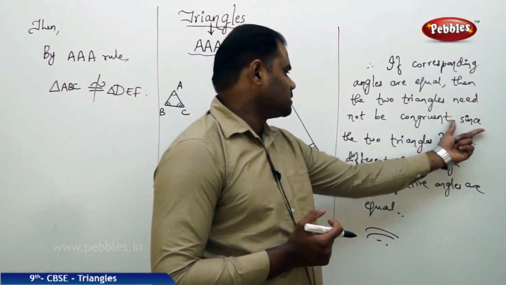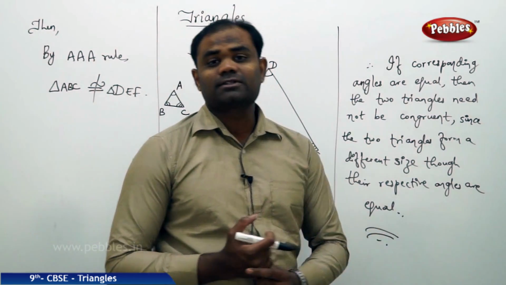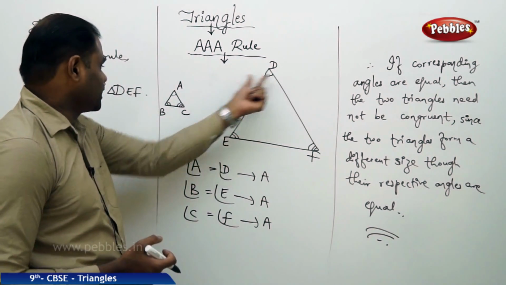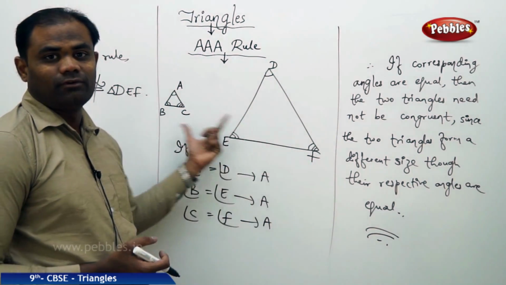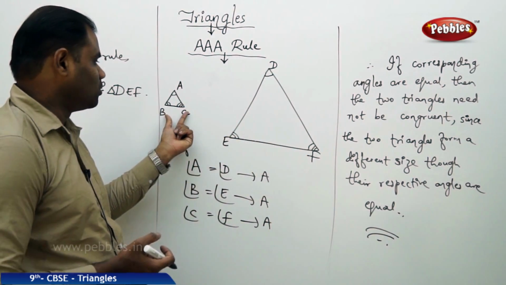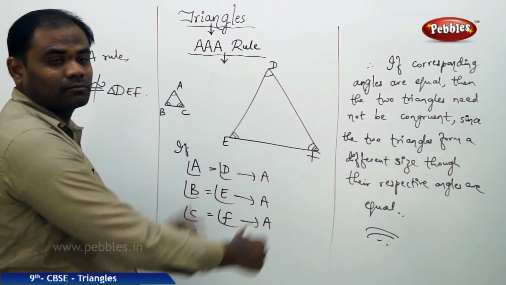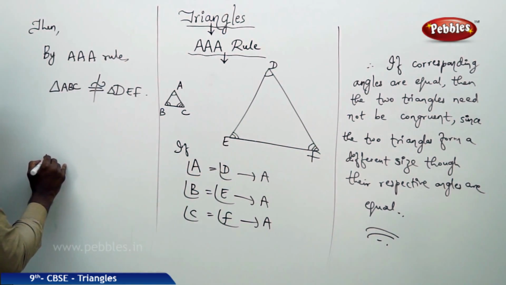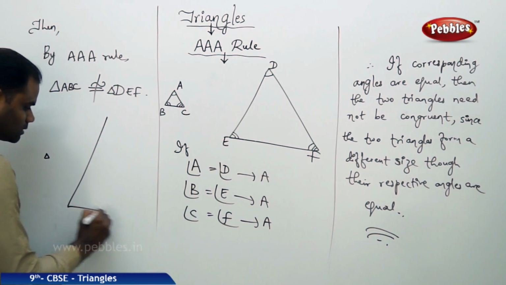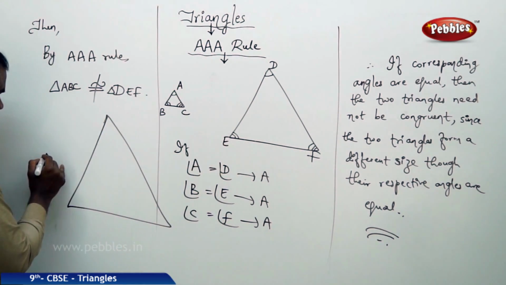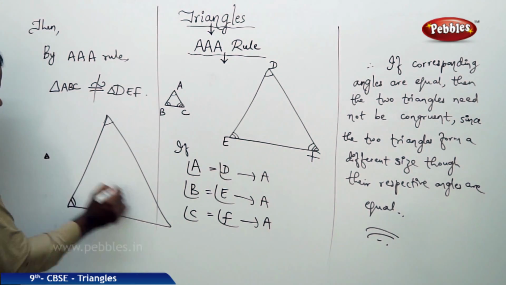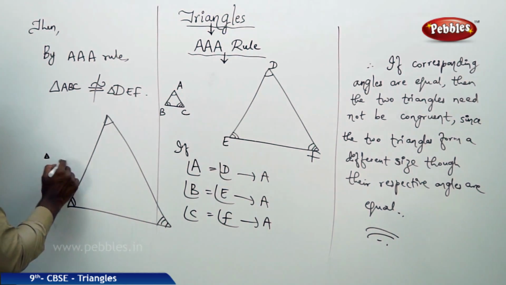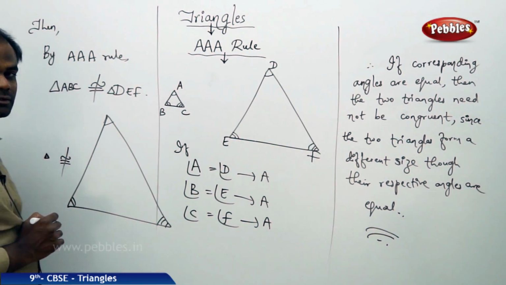The reason being that since the two triangles form a different size, though their corresponding angles are equal, they form a different size, this being small and this being big. Or any triangle which is smaller in size and bigger in size will have the same common angles, but they are not congruent to each other.